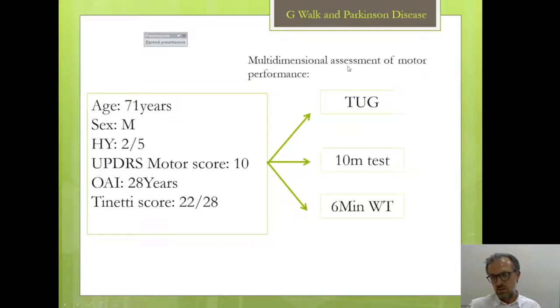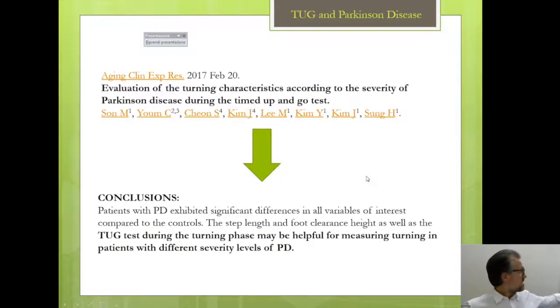We evaluated his ability to move his body with an instrumental evaluation using the G-Walk during the timed up and go test, the 10-meter test, and the 6-minute walking test.